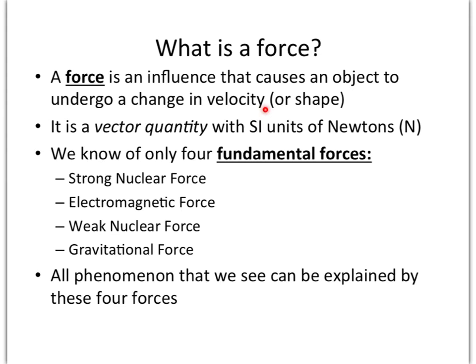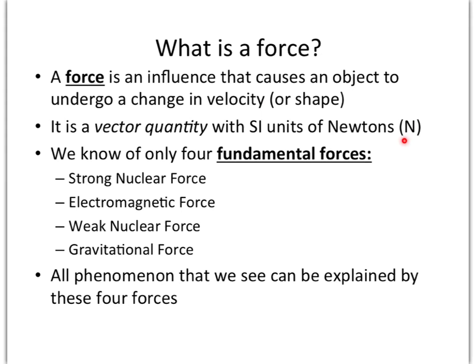We measure forces in something called newtons. It should probably be obvious where that came from. A newton in the international system, or the metric system, is the same kind of measurement that a pound would be in our English system.